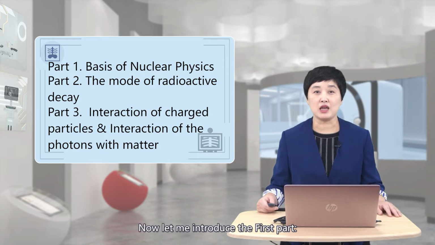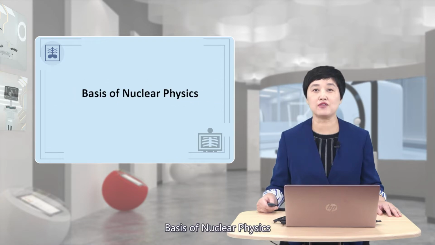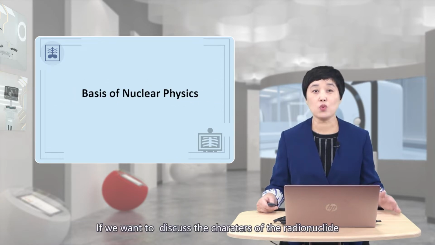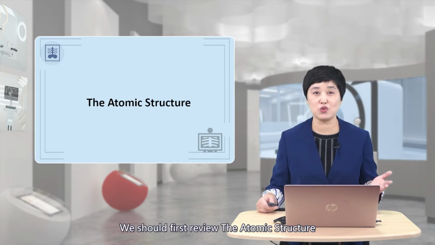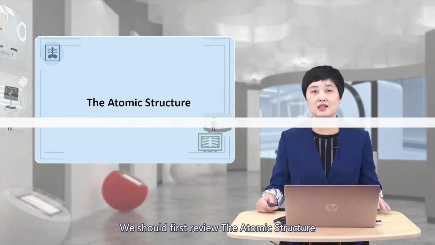Now, let me introduce the first part, basis of nuclear physics. If we want to discuss the characteristics of the radionuclide, we should first review the atomic structure.